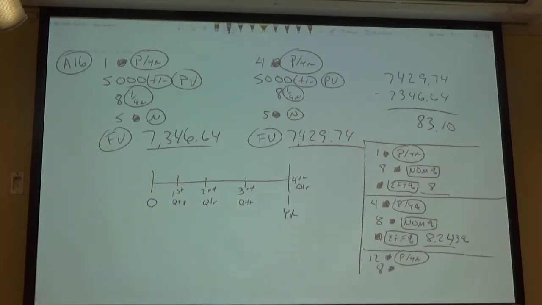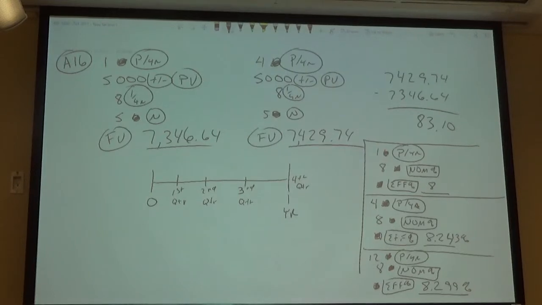That would be more, but not a lot more, because it doesn't go up that much. It goes up to 8.299-ish, okay? All right, or monthly compound, all right? Okay, next problem.